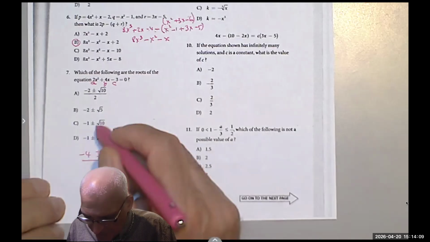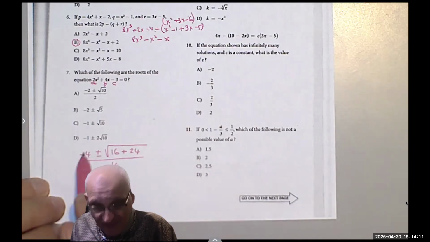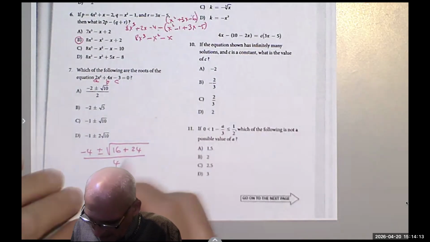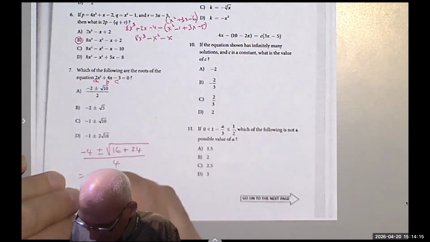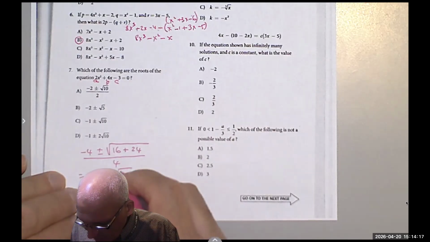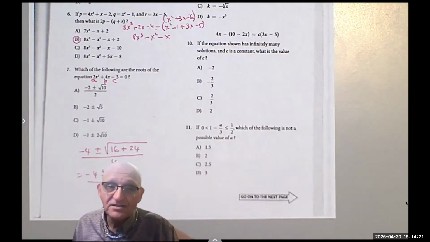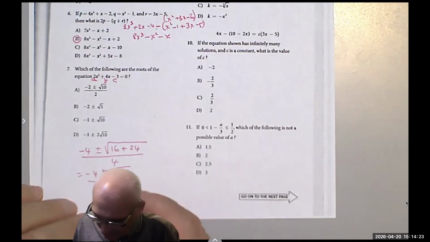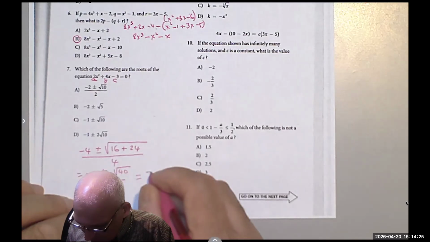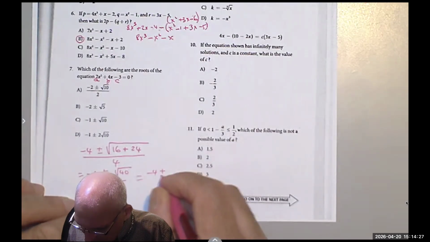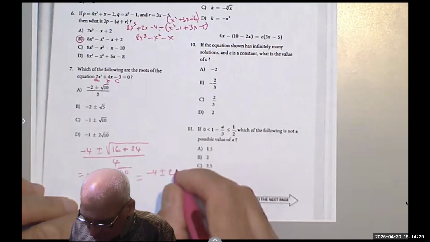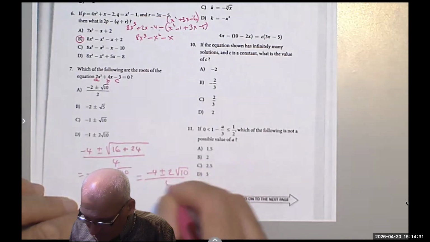So you see, it has to be one of these two, because you are going to divide -4 by 4. So you get -4 plus or minus the square root of 40 over 4. But I know that 40 can be written as 4 times 10. So if I take 4 out, that would be negative 4 plus or minus 2 root 10 over 4.